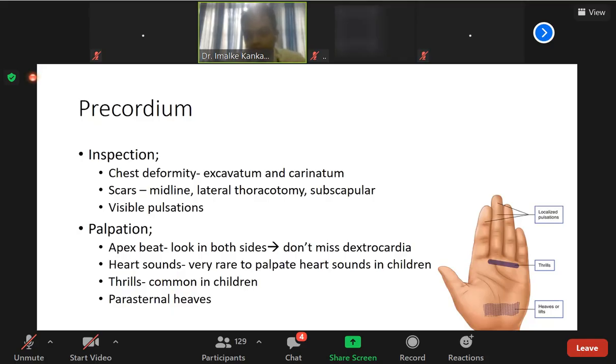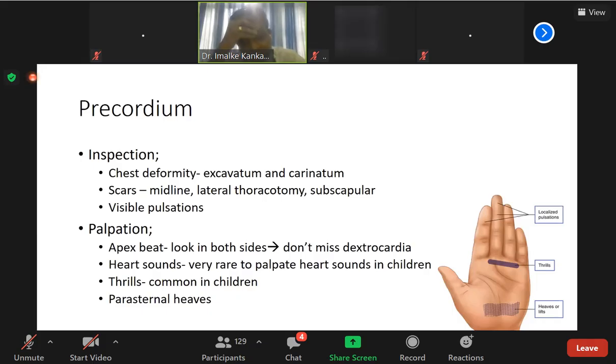Usually for thrill palpation, you use this area of the hand. For heaves, you use this area, right? That's what standard textbooks say. But heaves can be examined like this even. You can put your fingers like this in the intercostal spaces, right?